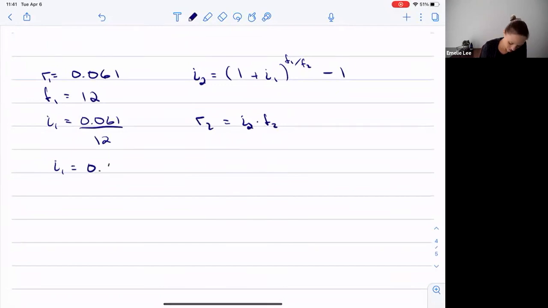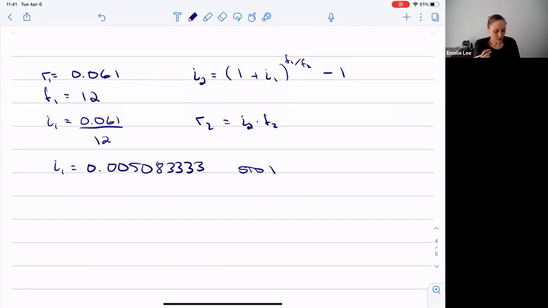I1 is 0.005083333, repeating, but let's just ignore it. And I'm going to store this in 1. So store that in 1.